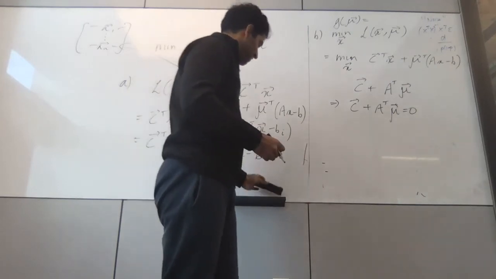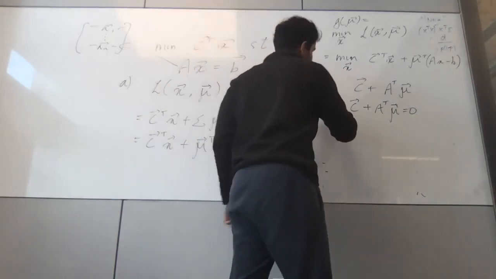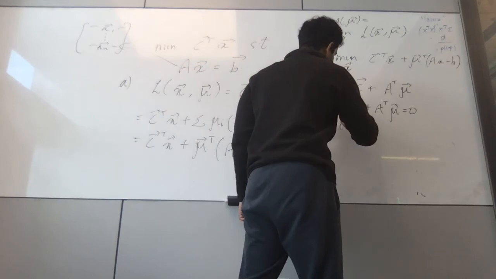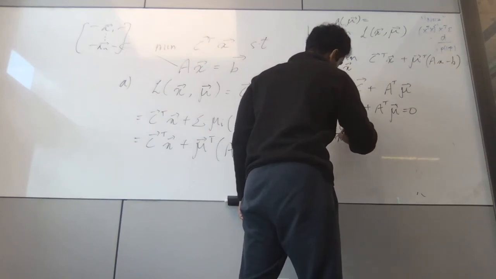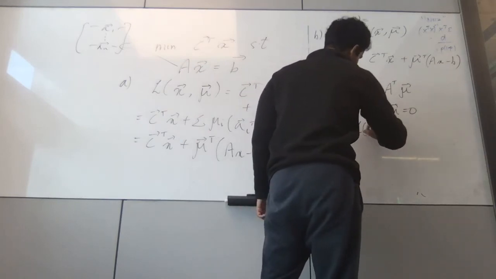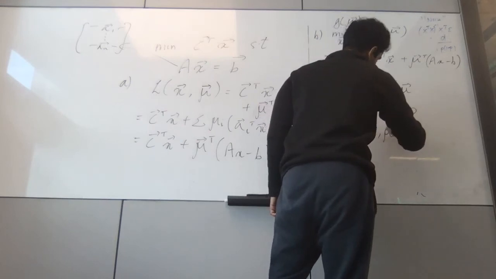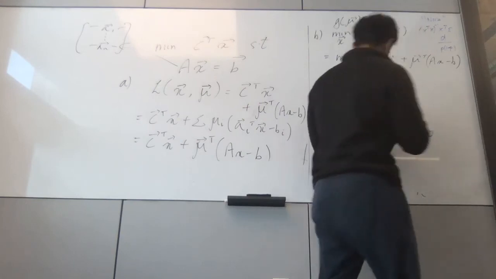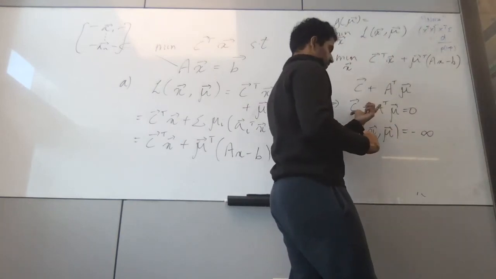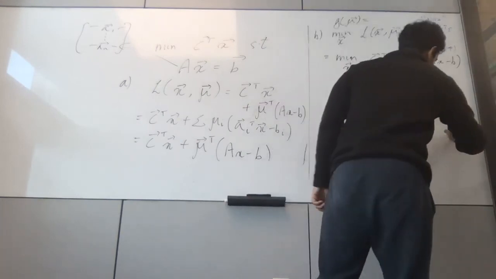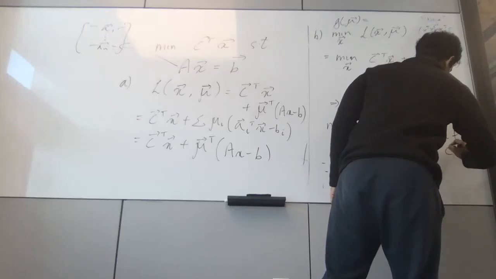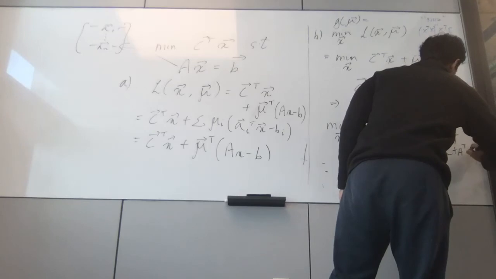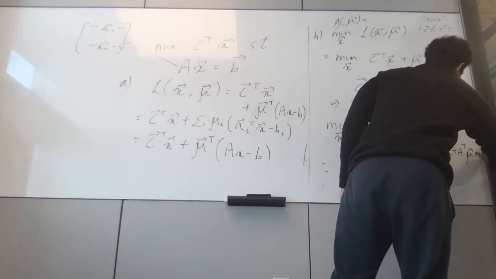So this tells you that the minimization over x of your Lagrangian is negative infinity if c plus A transpose mu is not equal to 0.